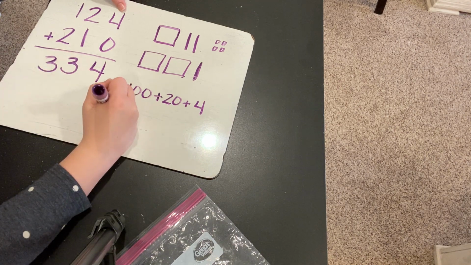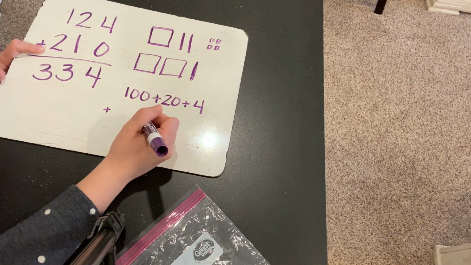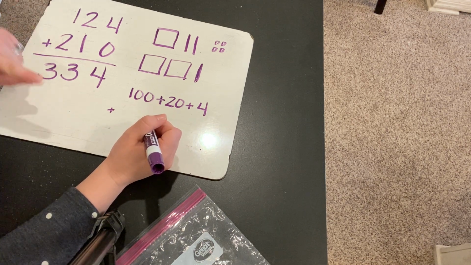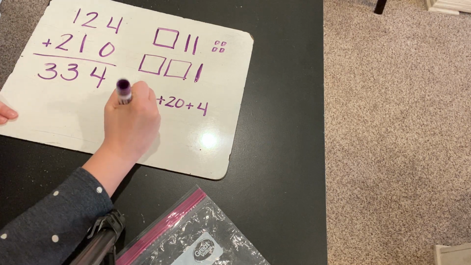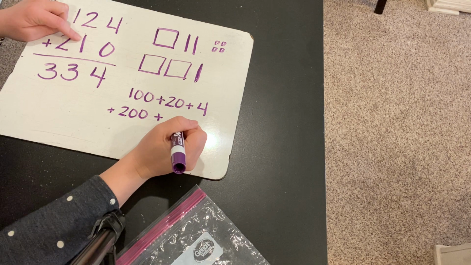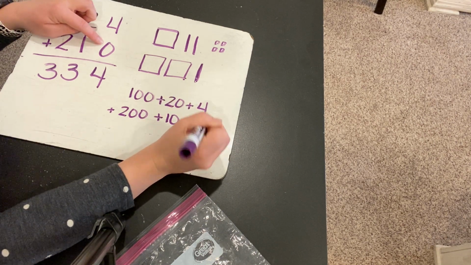And then we're going to add on our next expanded form for 210. So 210 has 2 100s, so 100, 200, plus 1 10, so plus 10, plus how many ones? 0.